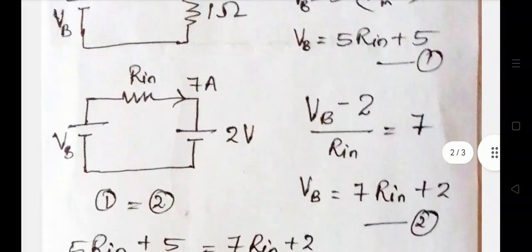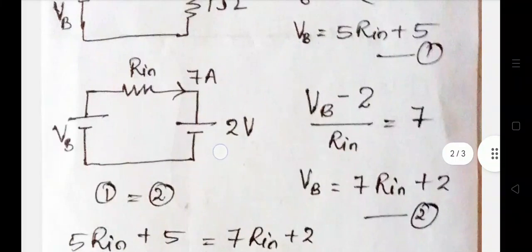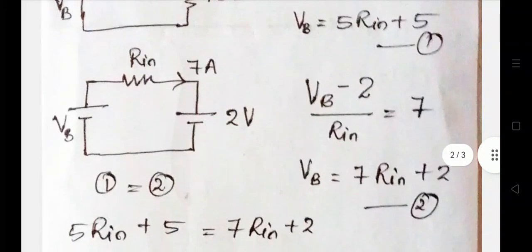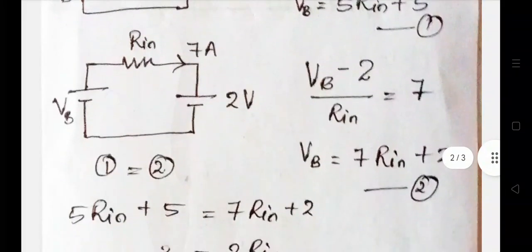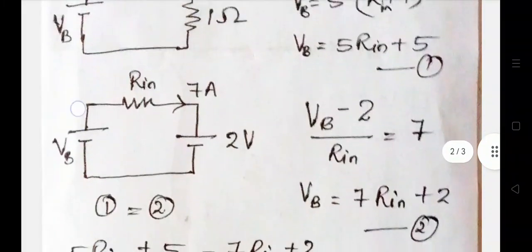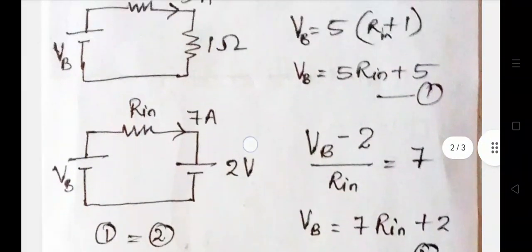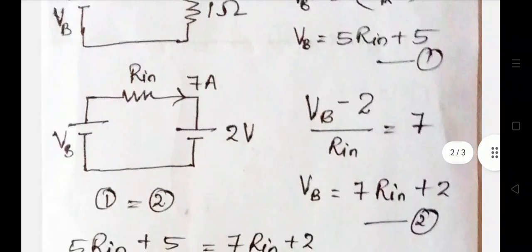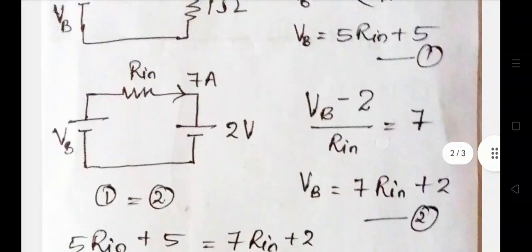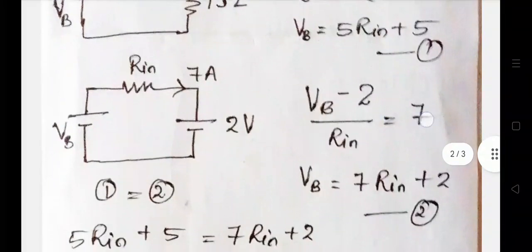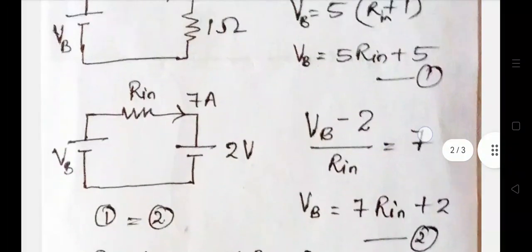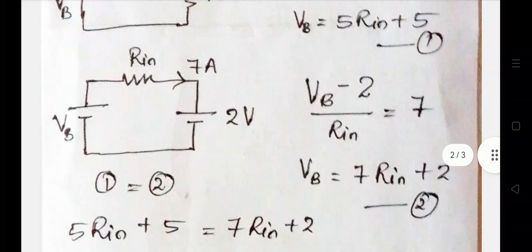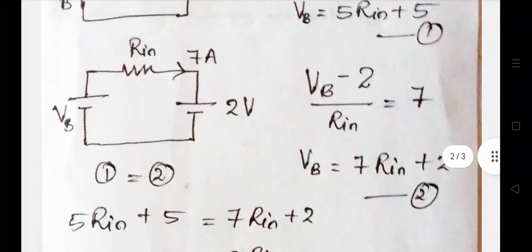With that information, we draw this circuit, and we can write the equation. Since the current is flowing from the battery charger to the ideal battery source, VB minus 2 divided by R in equals 7 ampere. Hope you understood how I wrote this equation.